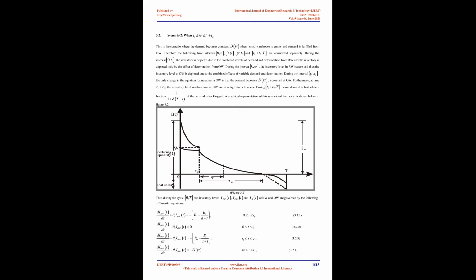Shortages are allowed. Unsatisfied demand is backlogged, and the fraction of shortages backordered depends on the waiting time up to the next replenishment, where D is a positive constant.